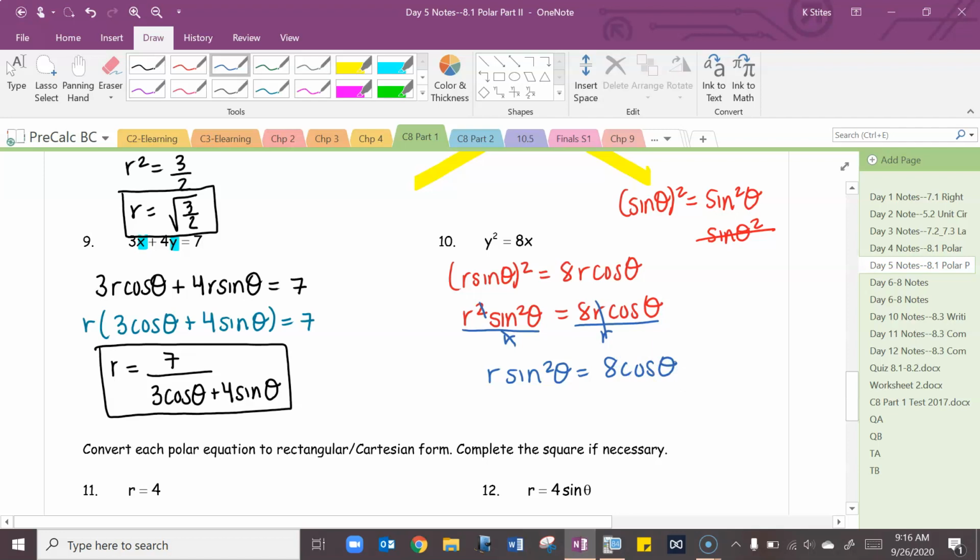And then we can just finish by dividing by that sine squared theta. These are problems that as you do more of them, you just kind of see what to do next. And sometimes you have to mess around with it a little bit. They're certainly not as bad as those trig proofs that you guys had to do last year.